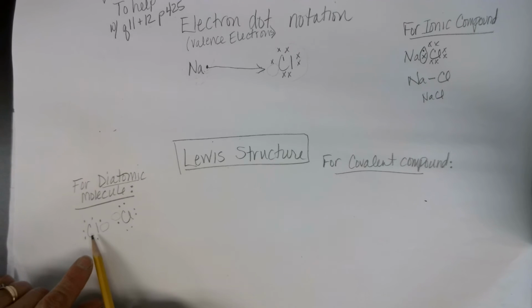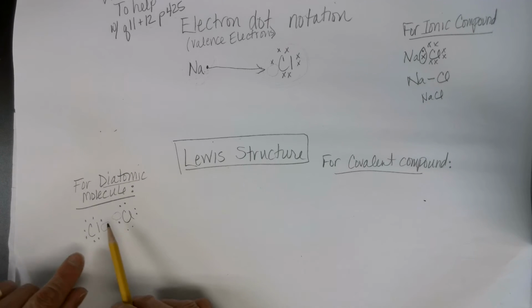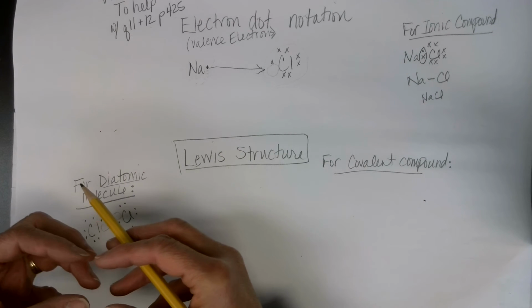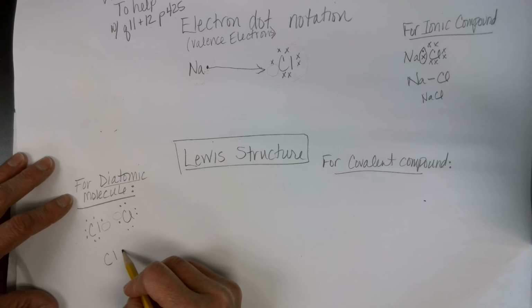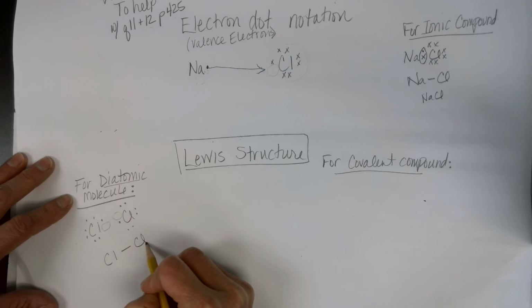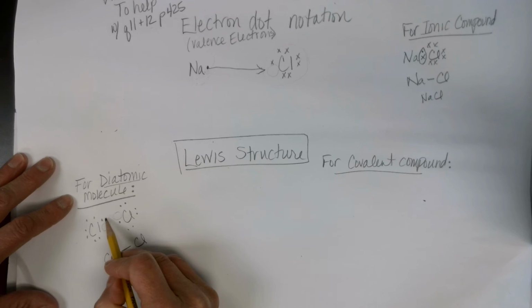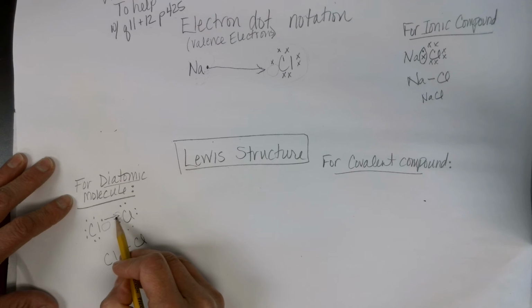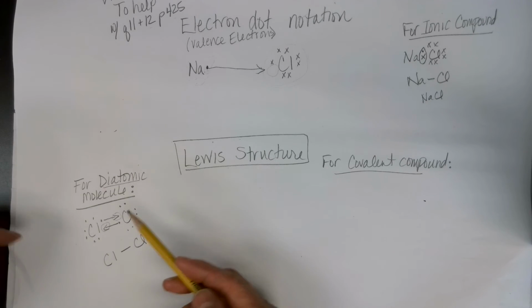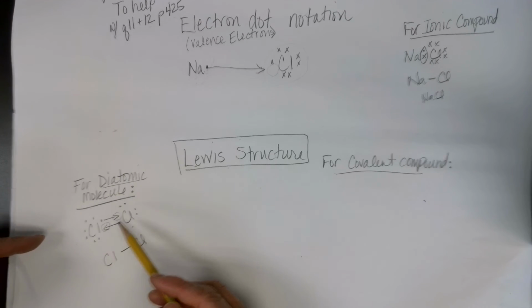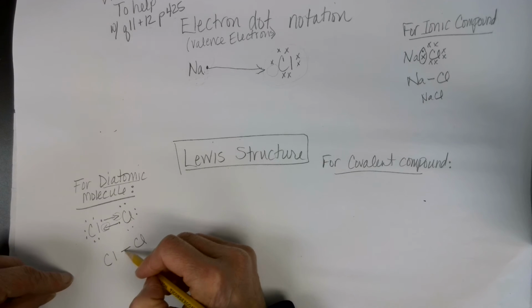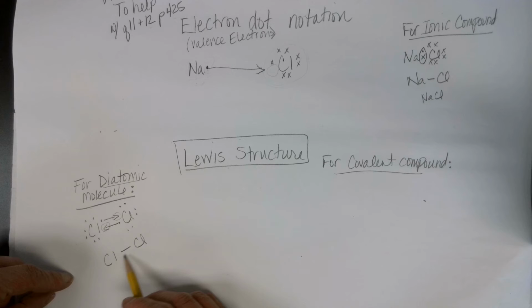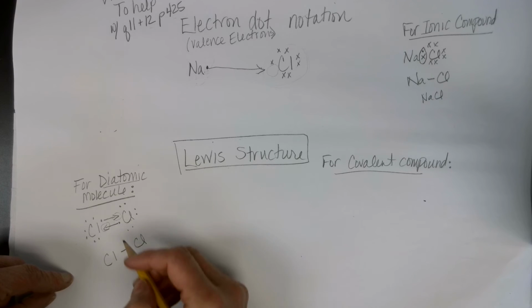When we think of chlorine and chlorine, they naturally pair together to create a diatomic molecule, right? These two chlorines are going to share. This chlorine, in essence, has something that this chlorine needs, and this chlorine has something that this one needs. So they're going to naturally share a pair of electrons and be a diatomic molecule.